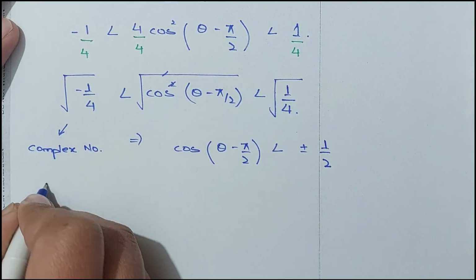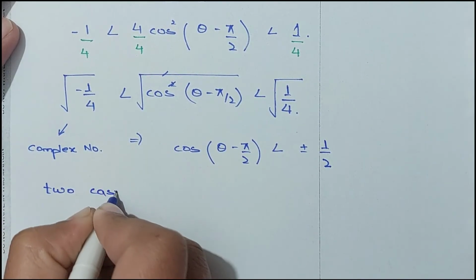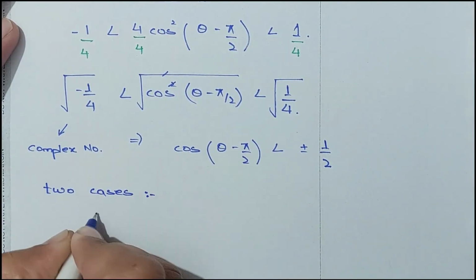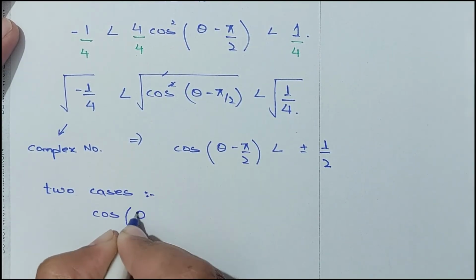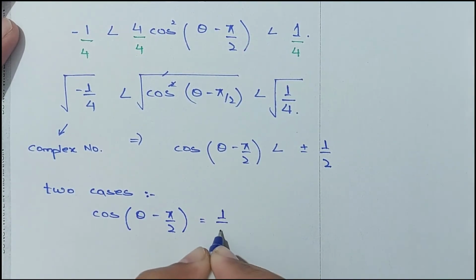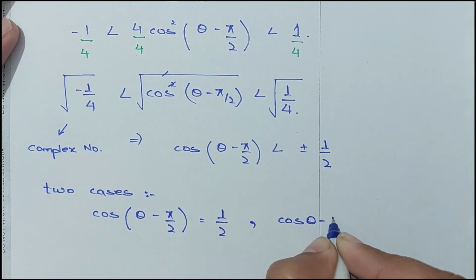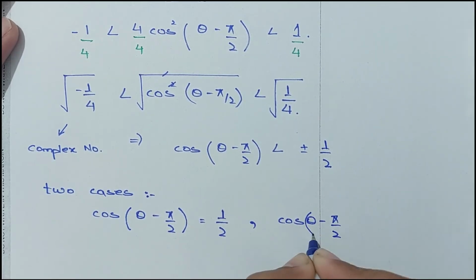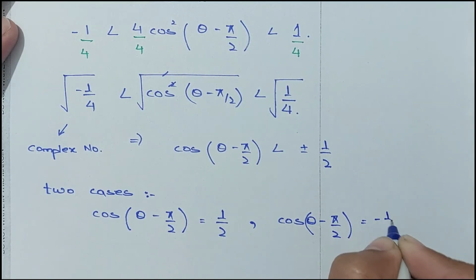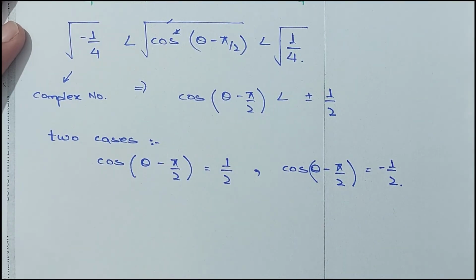So here we have two cases. The first case is cos of theta minus pi by 2 equals 1 by 2. And the other case is cos of theta minus pi by 2 equals minus 1 by 2. Keep in mind your calculator should be in radians this time, right?